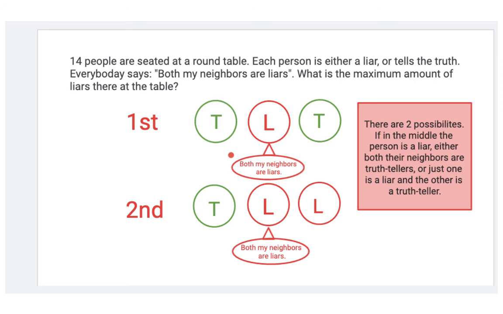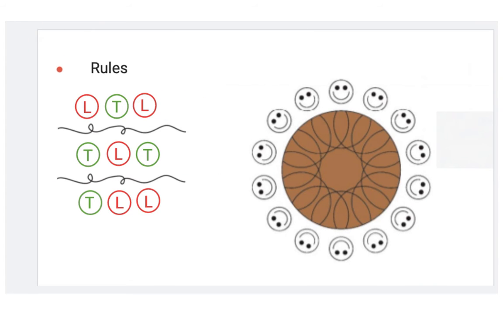Either both their neighbors are truth tellers, like the first example, or just one is a liar and the other is a truth teller. So, now that we've gotten these 3 rules down, let's go ahead and try to solve the problem. Okay, so here are our rules on the side, and let's see how to solve this problem.